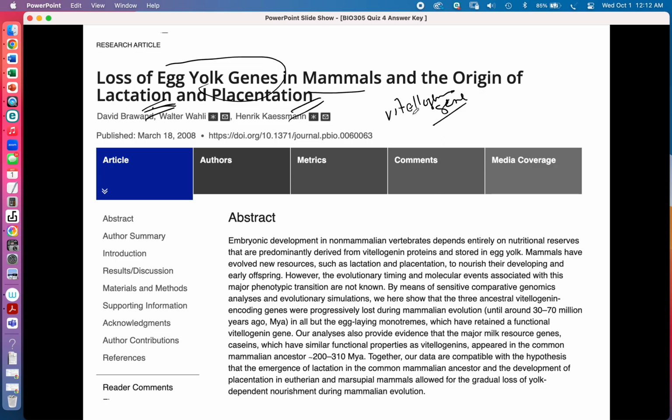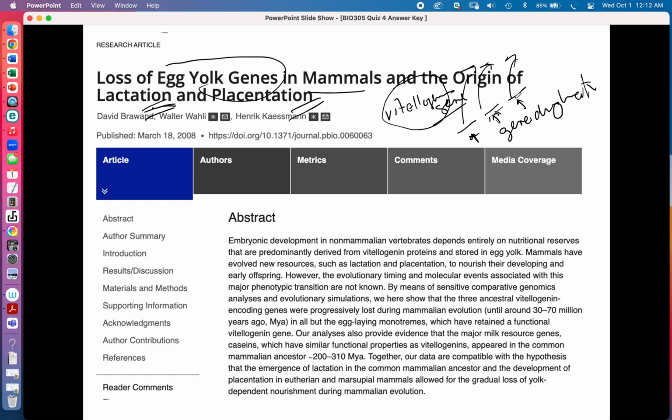And so when that happened, you can see that the vitellogenin gene inadvertently went through gene duplication. Certain fish that want to make a lot of yolk protein fast actually duplicated their gene so they could make lots of it fast, right?